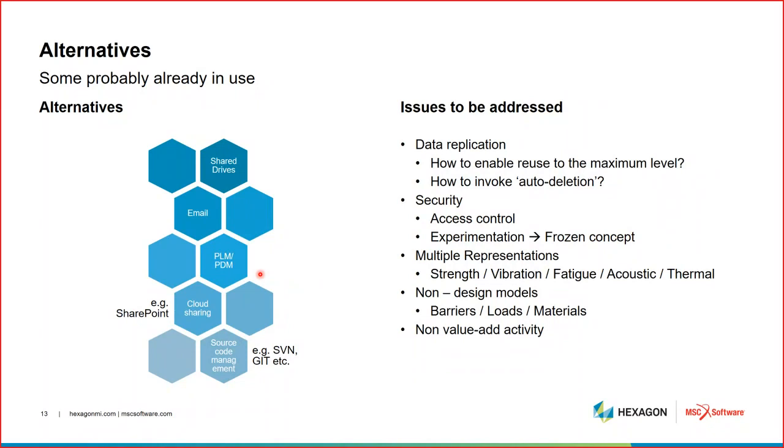So whether it's shared network drives, huge reliance on email, moving large files around as attachments, whether it's modifying PLM or PDM to take, if you like, a design environment, which is great at managing the evolution of CAD models and CAD assemblies, but needs quite a degree of customization to work with the range of data files, range of content, and large data files that are in the place with simulation data.